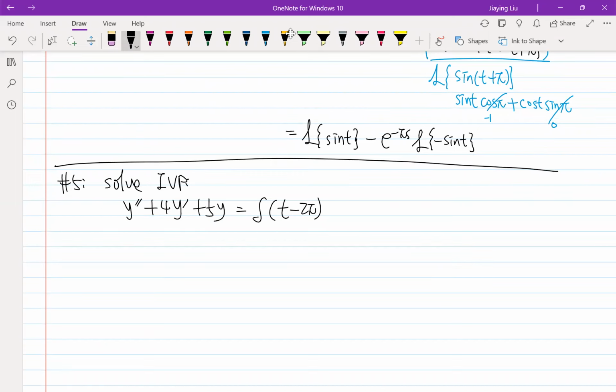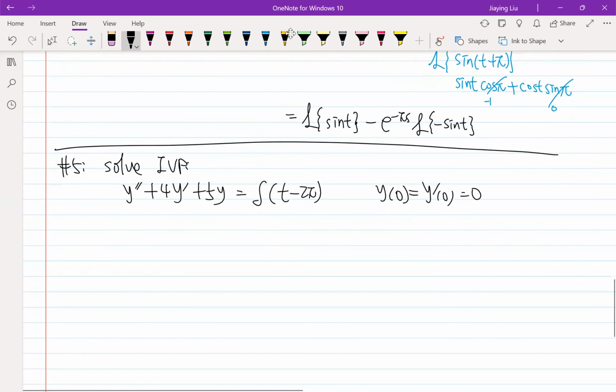It has a delta function, it's new, but just think about the delta function as a special function. The Laplace transform of delta functions is very nice. So here we have y of 0 equals y prime of 0 equals 0. That's the initial condition. So to do it, the first step is we're going to find the Laplace transform of the left side and also the right hand side.